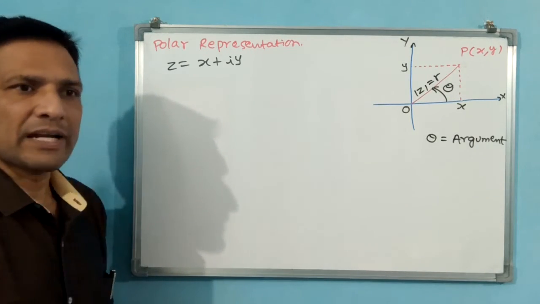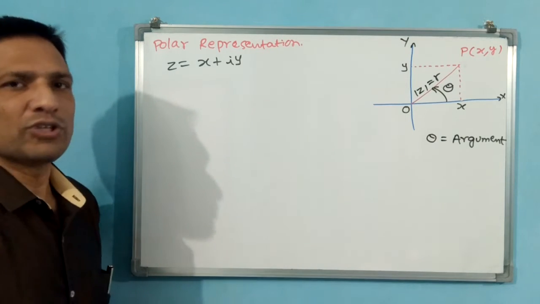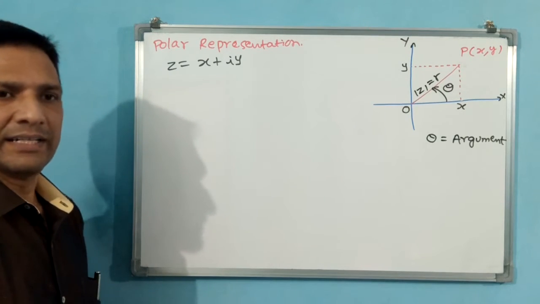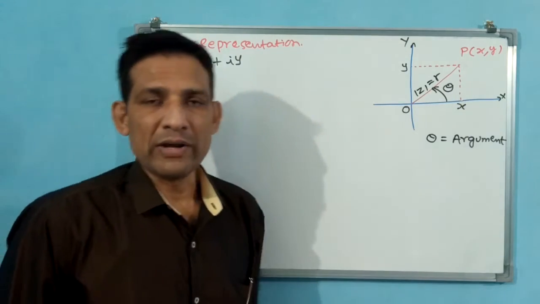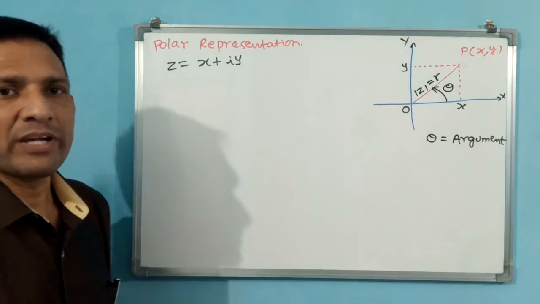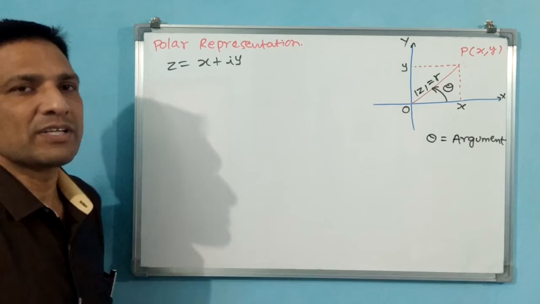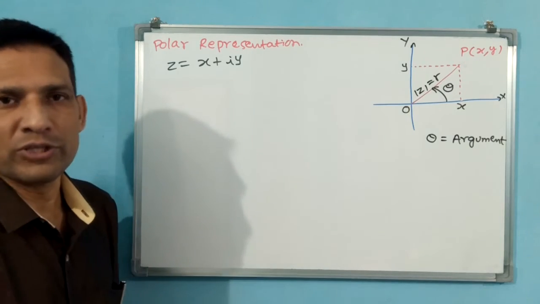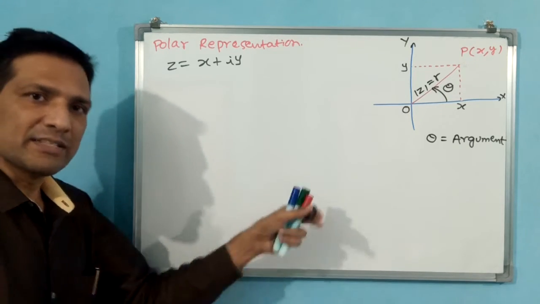Then we need not take a continuous general solution like in trigonometry. We can take 0 to 2 pi only. Here also, like how they have restricted principal values, principal solutions, they have restricted this principal argument.